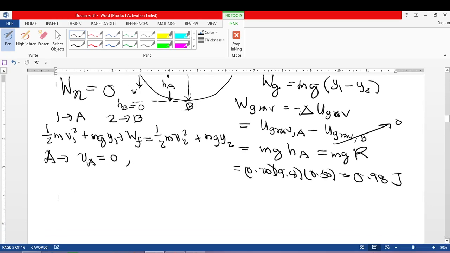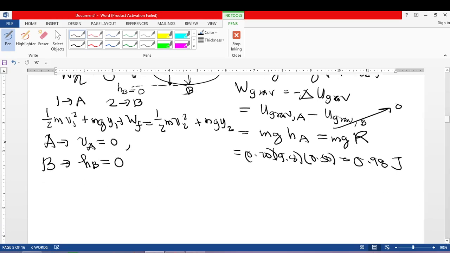How about point B? At point B, there is no potential energy because the height is 0, since the potential energy is mg times the height. If the height is 0, then the potential energy is 0. So hB is equal to 0, and therefore there is no gravitational potential energy.